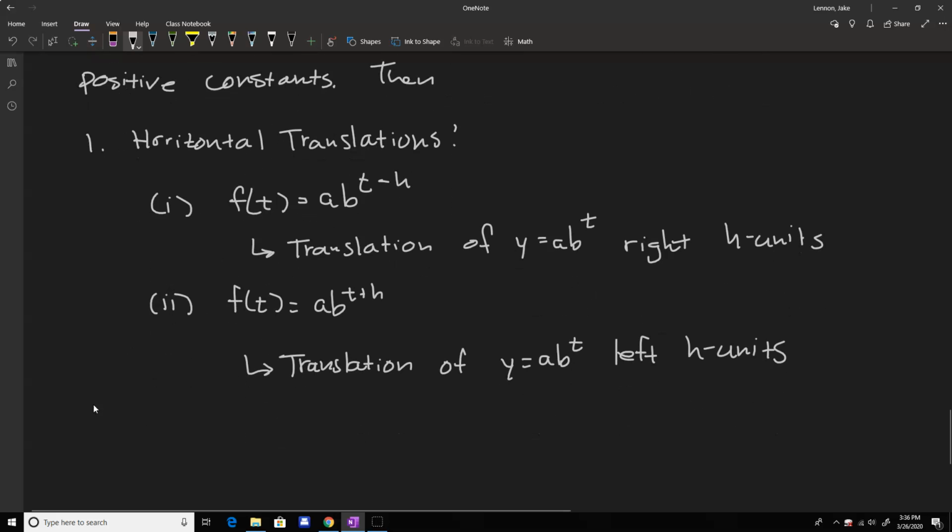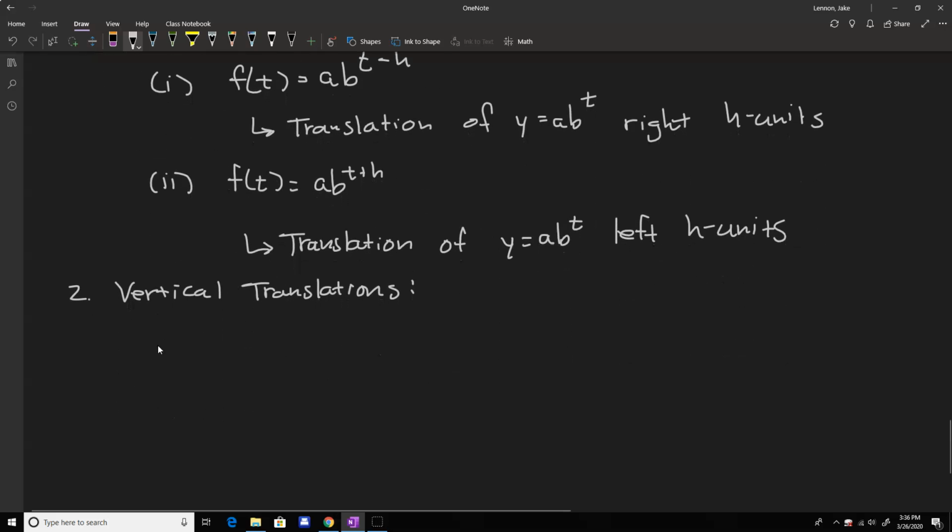The vertical translations are a bit more intuitive. What you're doing is you're just adding k to the exponential quantity. So vertical translations are affecting the y value. Again, we can write down two cases. We have f of t equals ab to the t plus k.